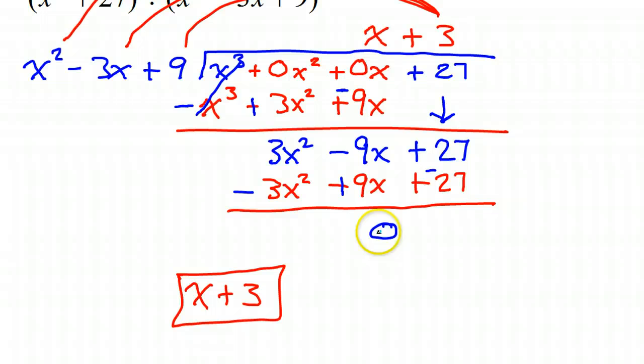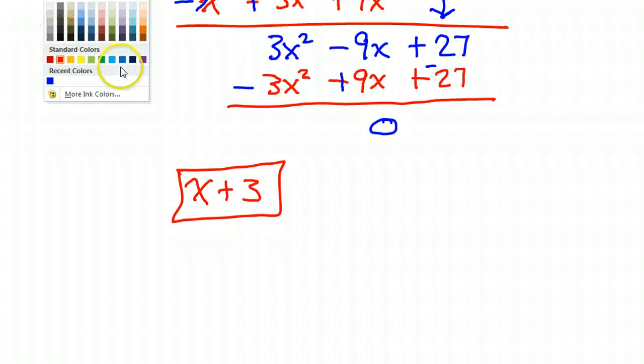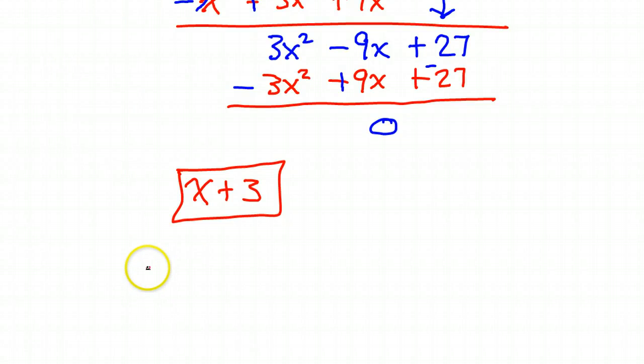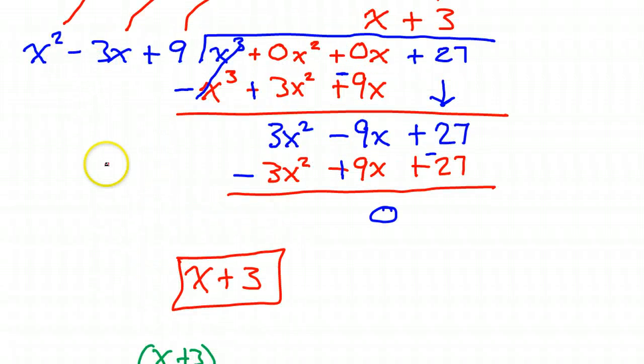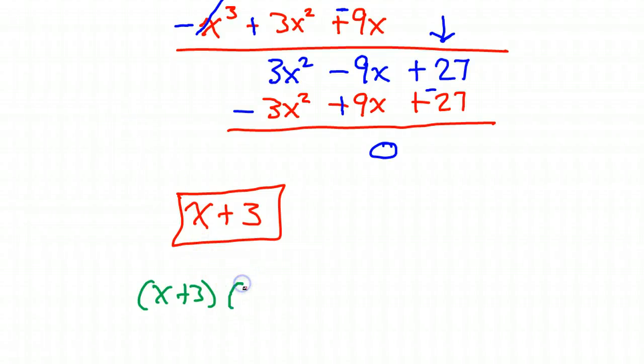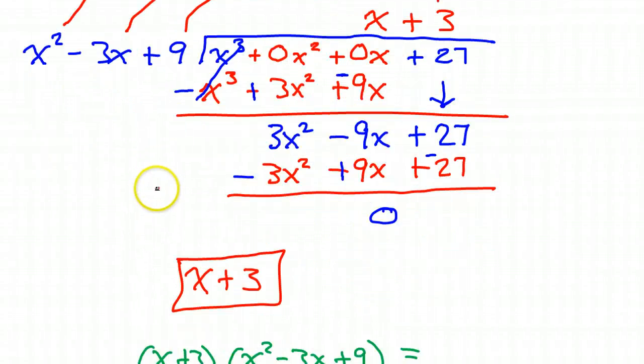So in other words, please understand that x plus 3 times x squared minus 3x plus 9 must equal x to the third power plus 27.